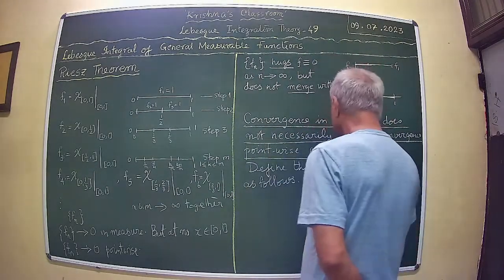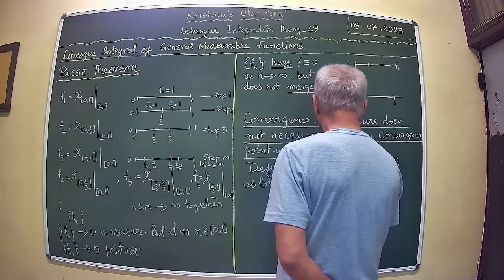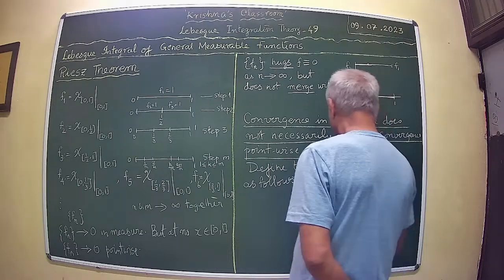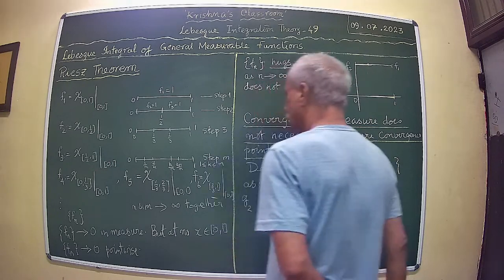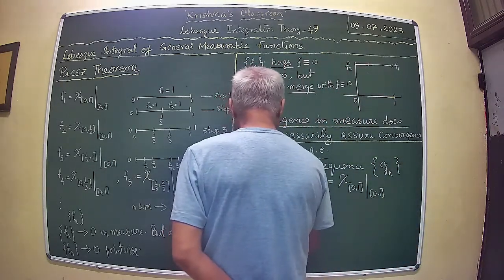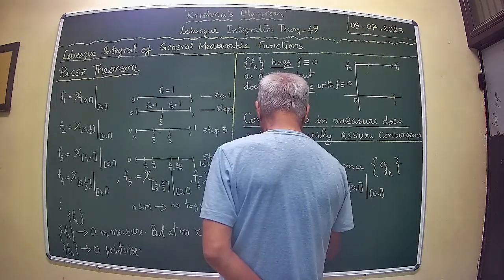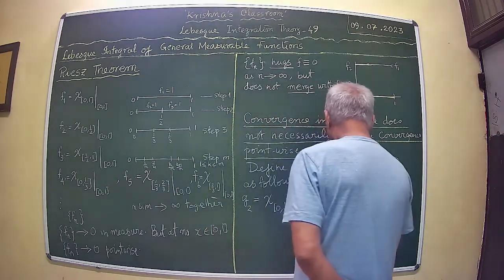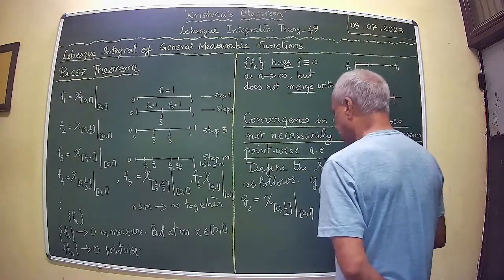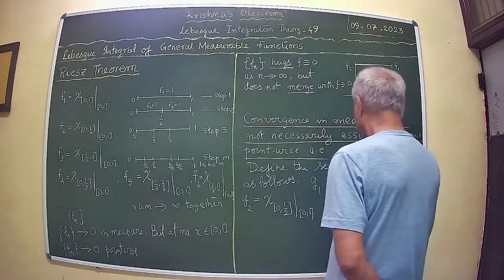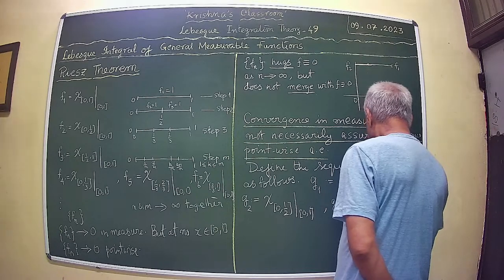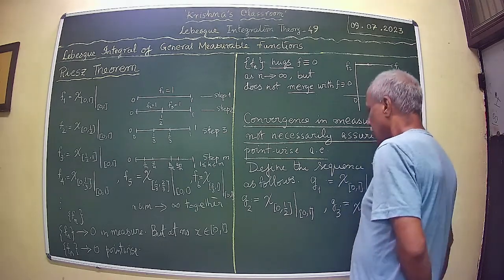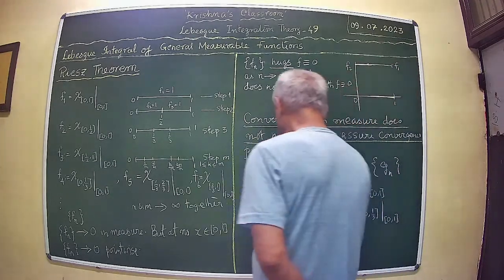Namely, see this G1 equal to... G2 equal to chi of... G3 defined as... and so on. Now it is clear.